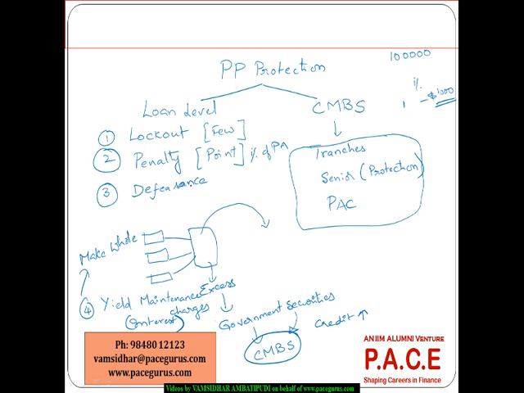So these are some of the things, and this is how the prepayment protection happens. And just as a couple of other features, if I'm talking about a 20-year mortgage, generally the amortization, let's say, happens over a 25-year period.